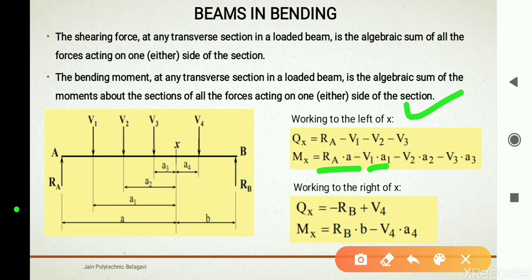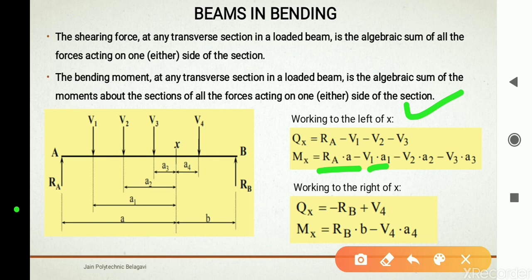It is acting anti-clockwise, so it is taken to be minus V1 into a1. Similarly, V2 is also acting anti-clockwise, so minus V2 into a2 till section X. Similarly, V3 into a3. Beyond X, it is not taken. So this is the moment calculation example.